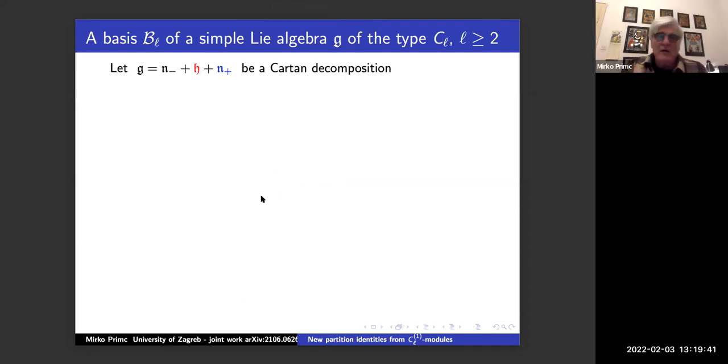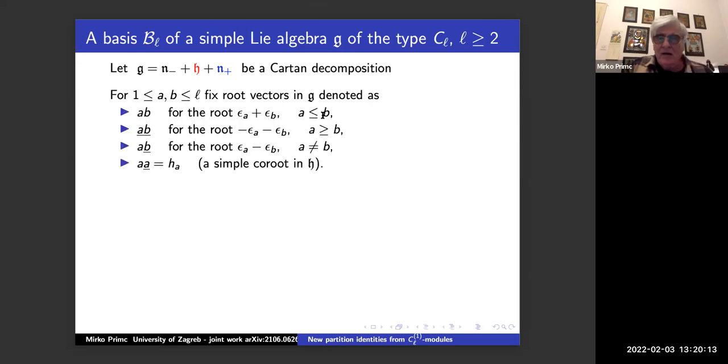So we'll take finite dimensional simple Lie algebra G of type CL, and we'll write a basis BL. So we'll start with G and Cartan decomposition with Cartan subalgebra H in red, and then N plus being the sum of all root subspaces for positive roots, and N minus the sum of root spaces for negative roots.